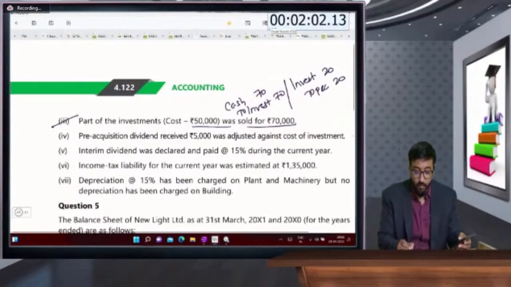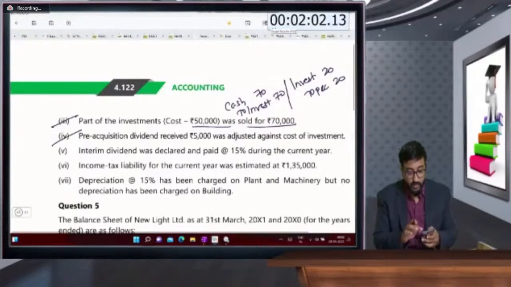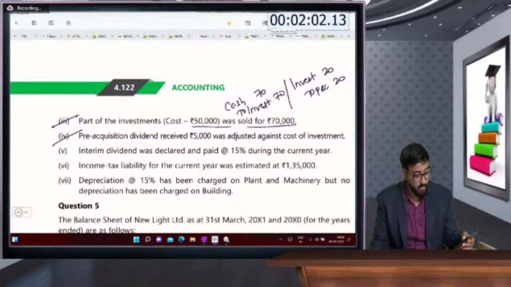What is the entry for pre-acquisition dividend received? Tell me quickly. I already taught you all these things in investment account.